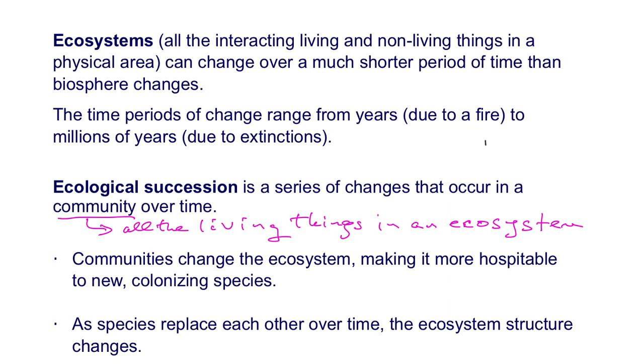Okay, an ecosystem: all the living things and the non-living parts that interact together in a given area. When I say a given area, it could be like a forest, it could be a pond, it could be a desert, it could be a prairie.